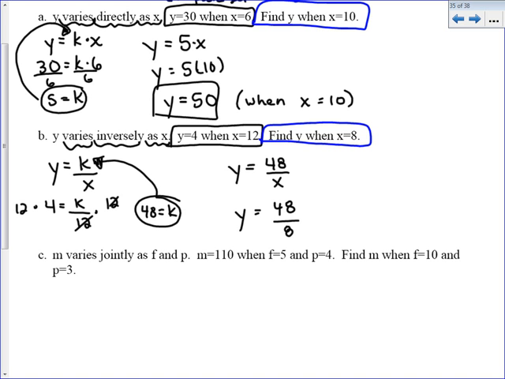So my final answer after all that work is that y equals 6. So y equals 6 when x equals 8. We're just completing that set of information. Questions?